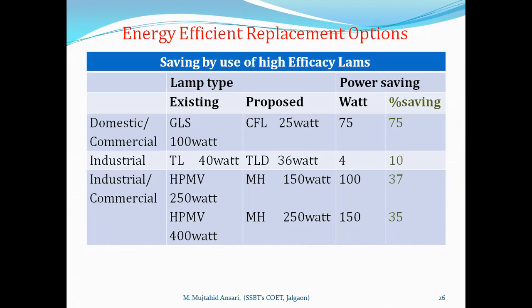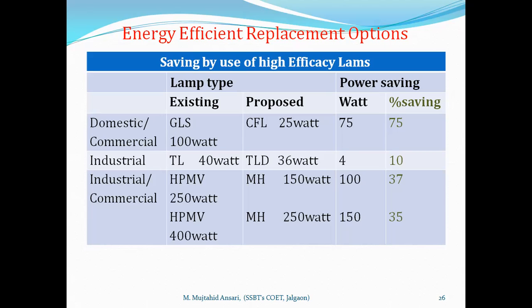So our objective is to reduce the consumption without loss of quantity, quality and comfort level. Without loss of comfort level and visibility, it can be replaced by a 36 watt energy efficient light, or by LEDs. Nowadays LED tube light fittings are also available, and they will give remarkable savings.